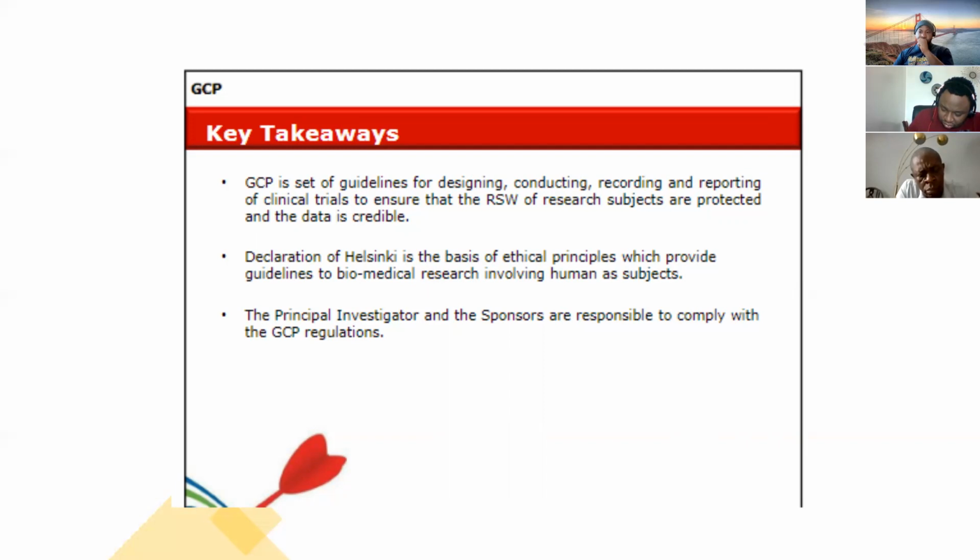Of course, as human nature, we're bound to want to cheat, but these rules and regulations are provided to give guidelines to the institution that's conducting the research, the investigator, and their sponsor, who is the manufacturing company and the drug provider. The principal investigator and the sponsor are responsible to comply with GCP regulations.